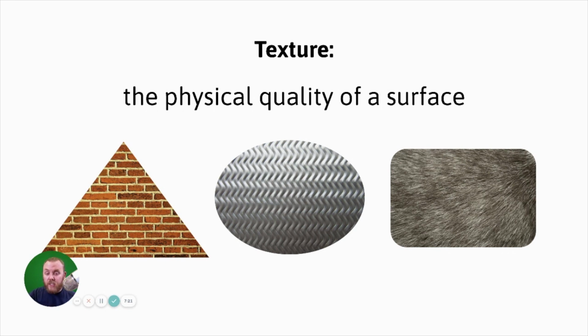You can feel those ridges that are on that corrugated metal or whatever that is there. And then the furs obviously feel soft. So think about how different textures are going to play in your design, right? If you're a motorcycle company, are you going to want a lot of fur in your design? Probably not, right? Is a teddy bear company like Build-A-Bear going to have a lot of stainless steel? Probably not. So think about how textures play into different designs.